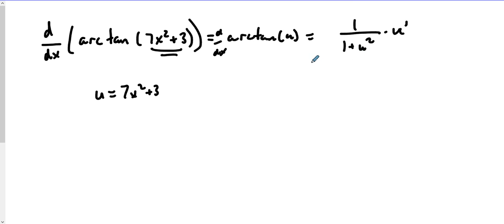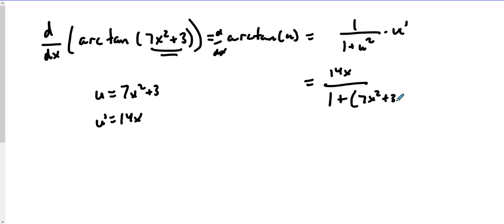That is the derivative of our tangent. Plug in our u, we find u prime to be 14x, and so we have 14x, because that replaces it right there, over 1 plus the quantity 7x squared plus 3 squared. And that's it.